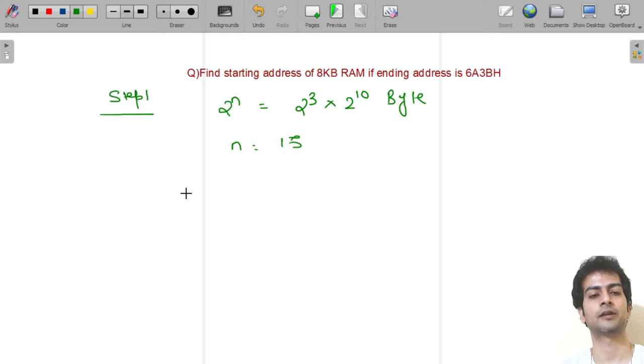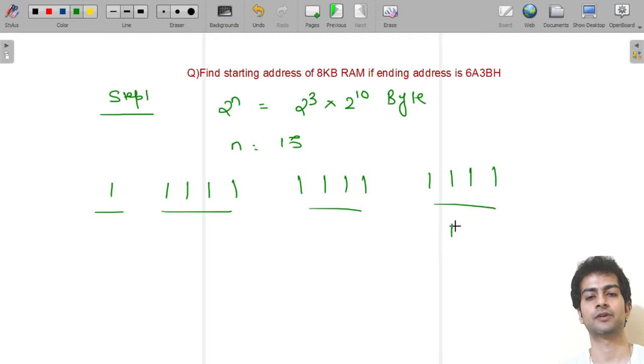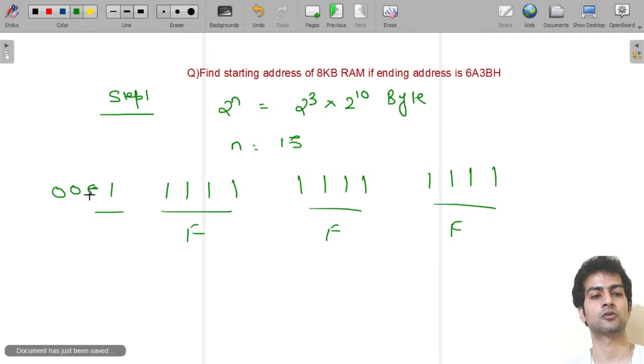Now we will represent it with equivalent 1s, 13 ones. Now we will convert it into hexadecimal. We will get F, F, F, and if nothing is there, we will consider it as 000.